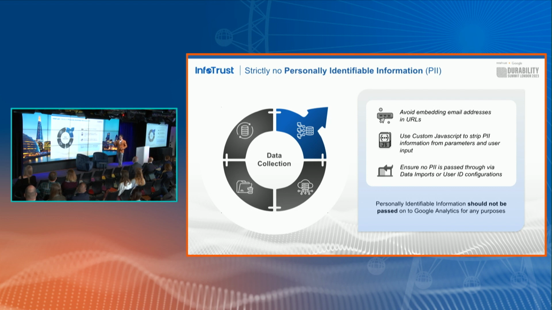Lastly, if you are using features like user ID or data import, you need to be double sure that you're not accidentally sending in personally identifiable information via any of those. So these are a few areas where you can be cautious about not accidentally sending PII, because once you have realized that you're actually sending it, you might have to clean it up later, which is doable, but you don't want to be there, right?